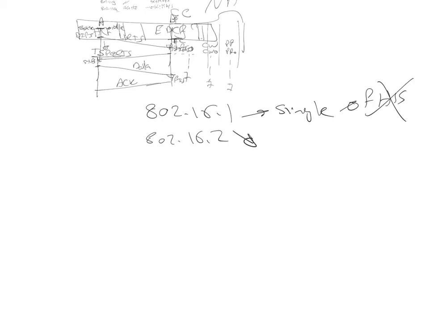But in the physical layer, we had what we call the adaptive burst profile. For the adaptive burst profile, we can actually change two things per frame. We can change the modulation scheme and the forward error correction scheme, right?